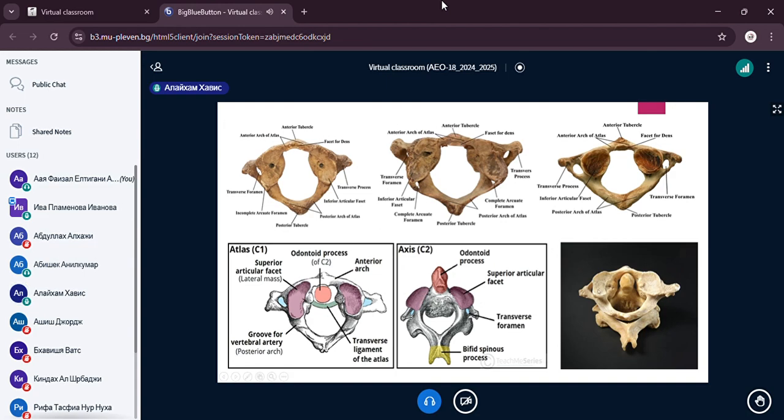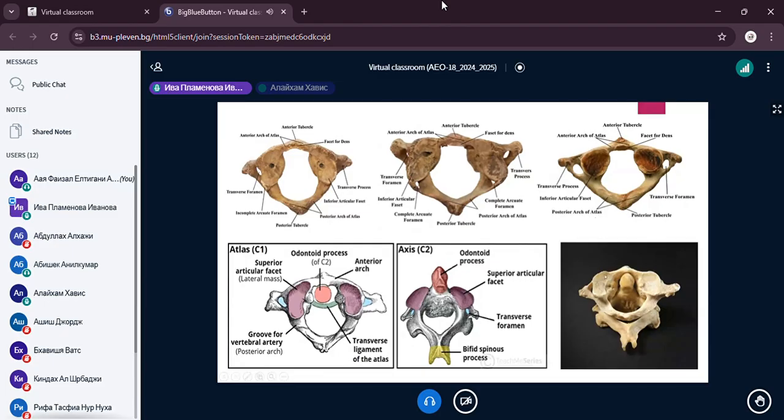Oh, the transverse process. Here is the transverse process. So this one should be the massa lateralis, the lateral masses. Instead of body, we have two lateral masses, left and right.